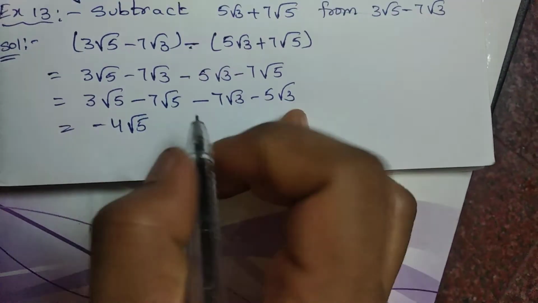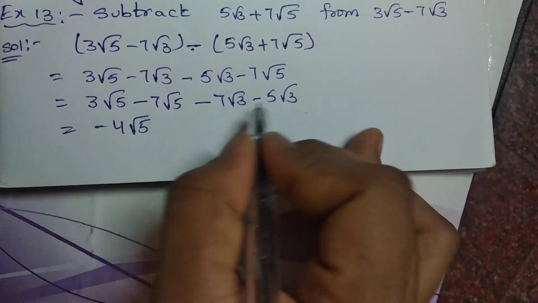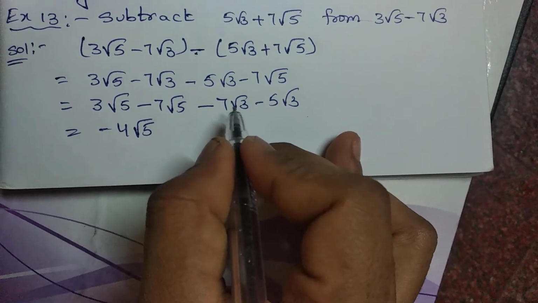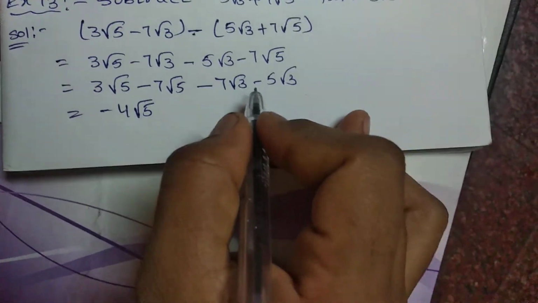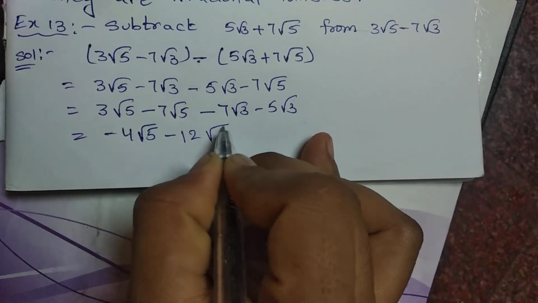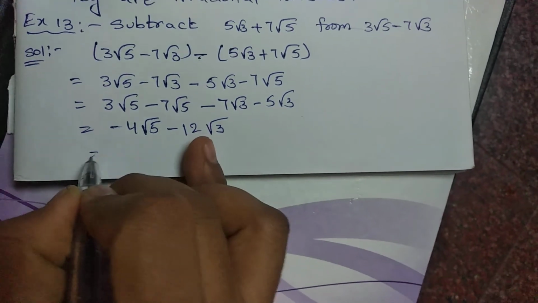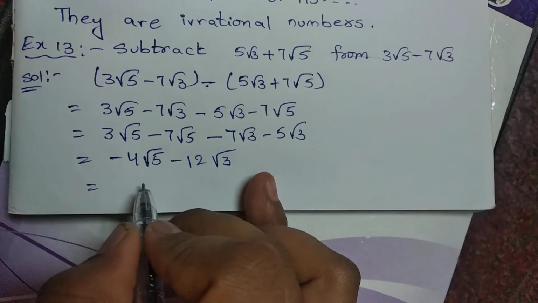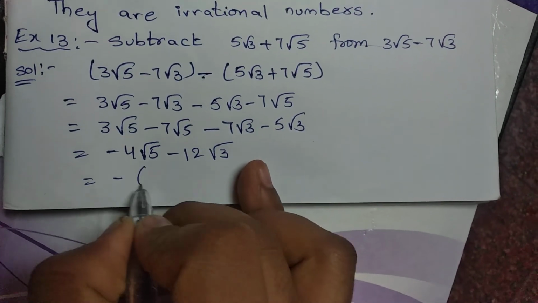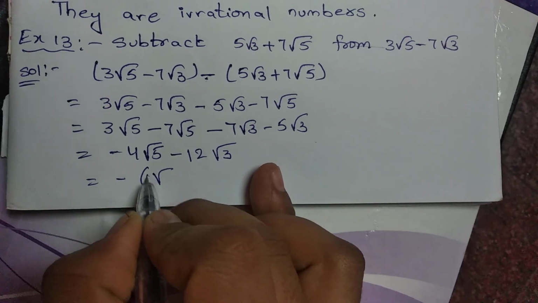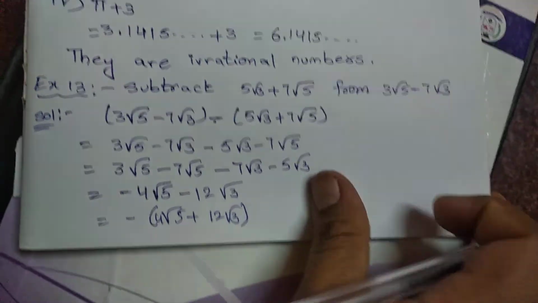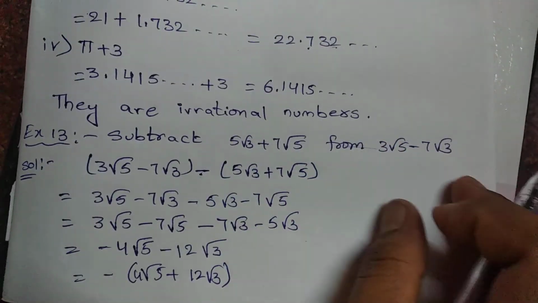In the other two terms root 3 is common, so minus 5 minus 7 is minus 12 root 3. Now in both terms minus is common, so we can take minus common or leave it like this. Taking minus common, it is minus of 4 root 5 plus 12 root 3. This is the answer for example 13.